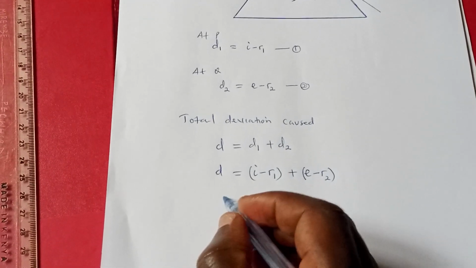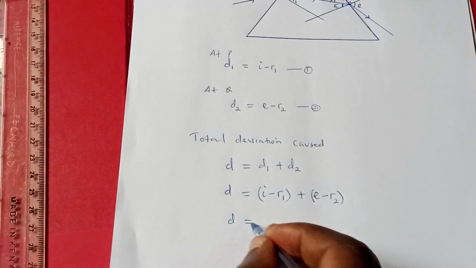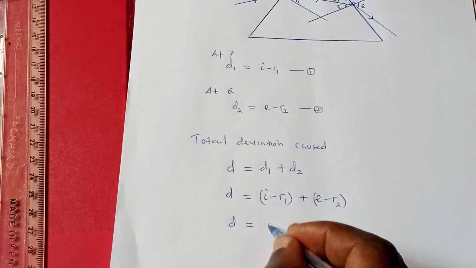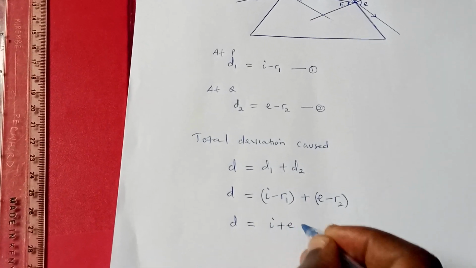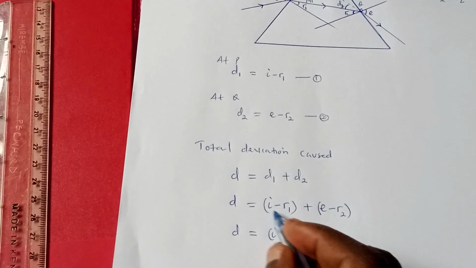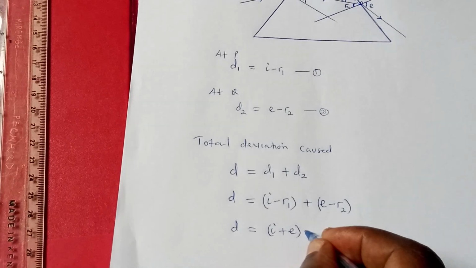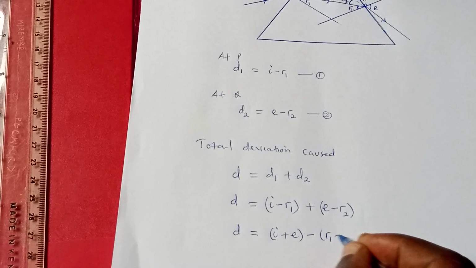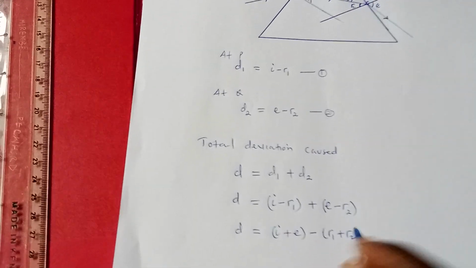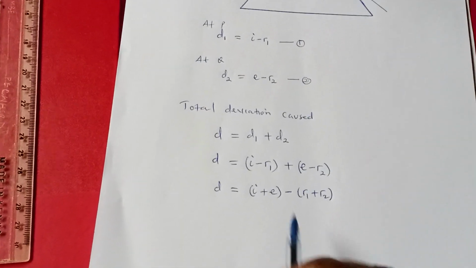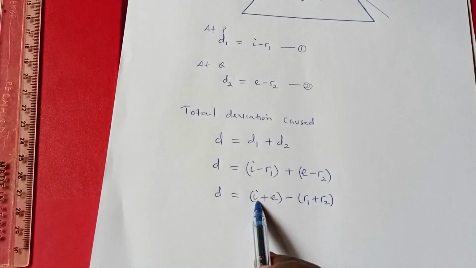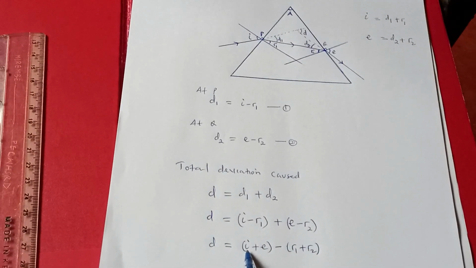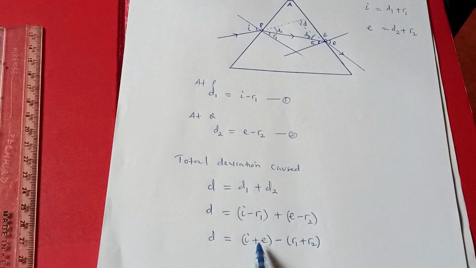Now by simplifying this, our D will be equal to I plus E, then minus R1 plus R2. I is the angle of incidence as the ray is moving from vacuum to glass.